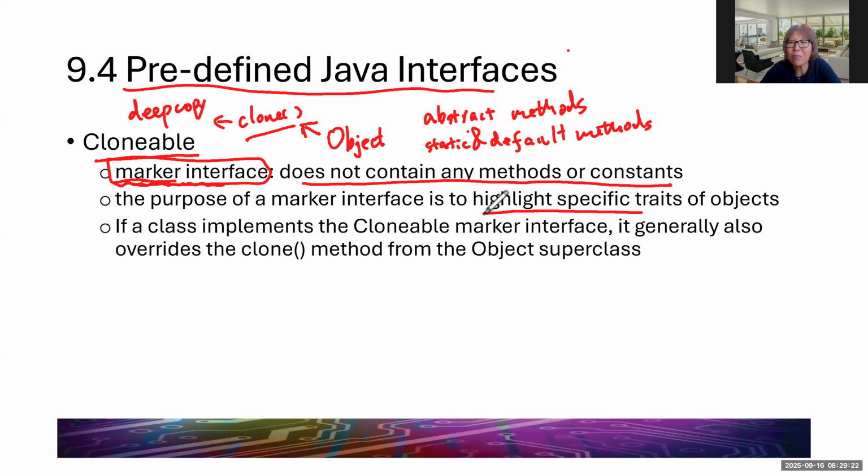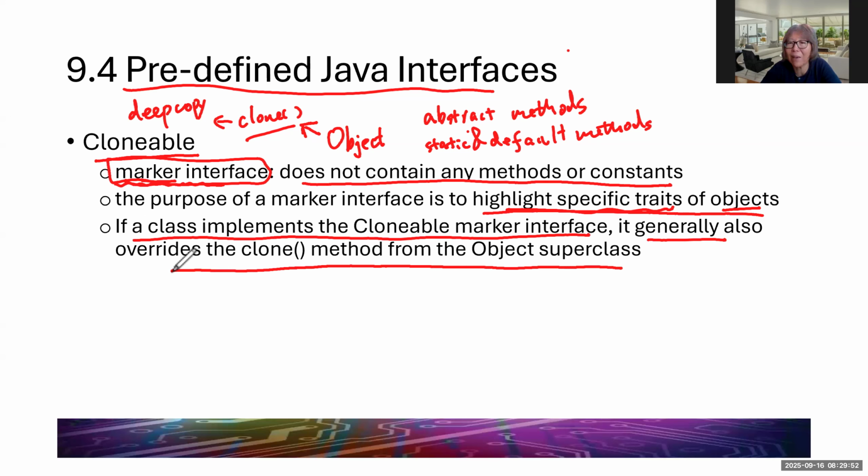The purpose is just to highlight specific traits of the objects. If you design a class that implements this marker interface, that's to highlight some specific traits of that category of objects. So if a class implements the Cloneable marker interface, generally speaking you override the clone method from the Object superclass.